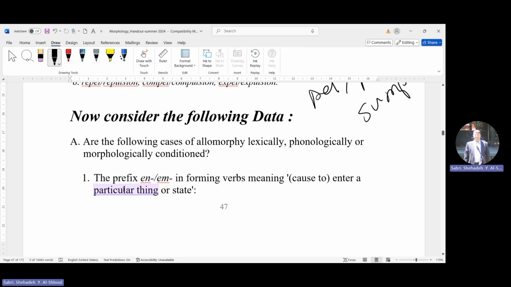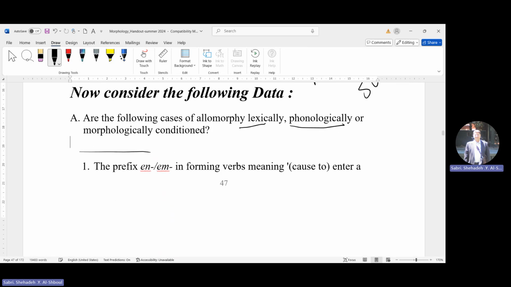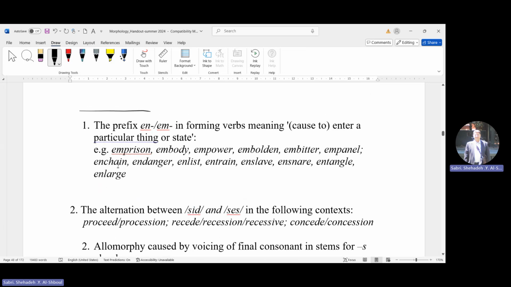Now let's have a look at the data below here to have more practice on whether the following cases represent a lexically, phonologically, or morphologically conditioned allomorphy. So here, for example, we have the following: the prefix in, en, forming verbs like cause to enter a particular thing or state, to mean to cause to enter.